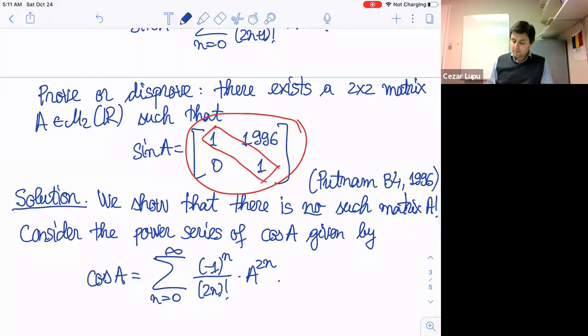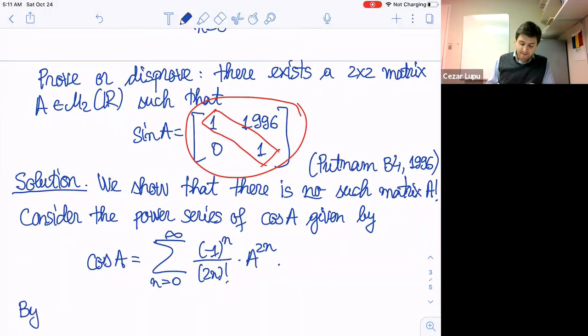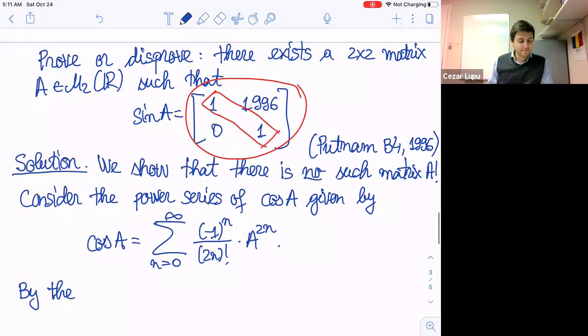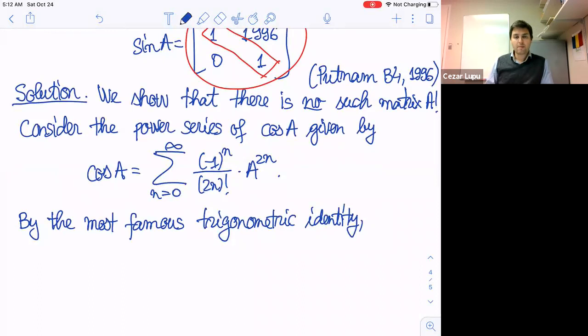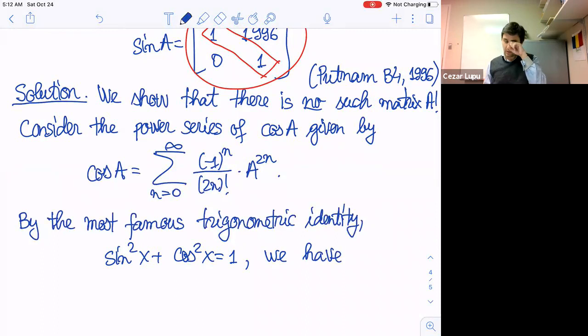All right, great. But then guess what? By the most famous trigonometric identity, sine squared of x plus cosine squared of x equals 1, instead of writing these functions, we can write their power series.